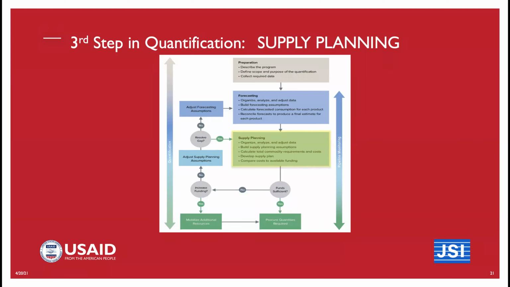So now let's turn our attention to the topic of supply planning, which is the main topic of this part 3 webinar on quantification. Remember that supply planning is the phase that follows the forecasting phase and that we use the final forecast for each product as our initial input into the supply planning stage.